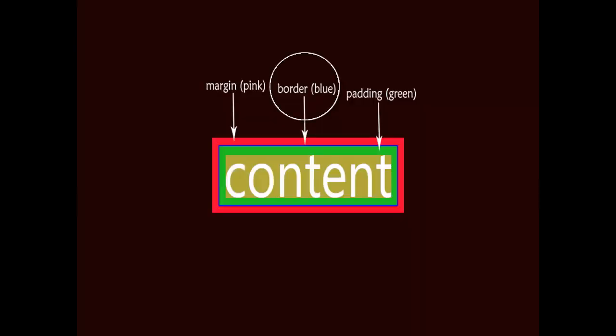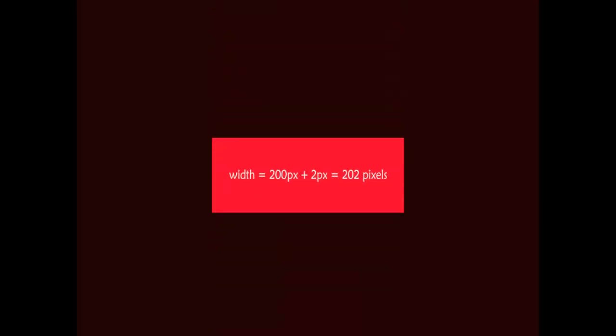Then there's border. If we set the width of an element, say the paragraph, to be 200 pixels, and it has a 1 pixel border around it, the total width of the element would be 200 pixels plus the 2 pixels of border. That is a total width of 202 pixels.